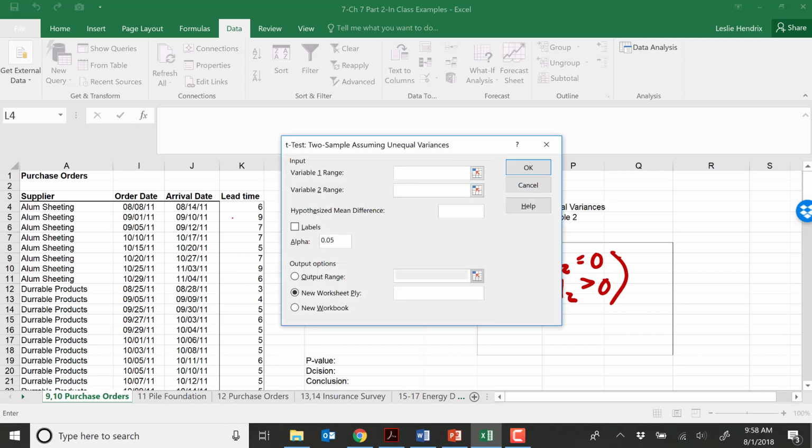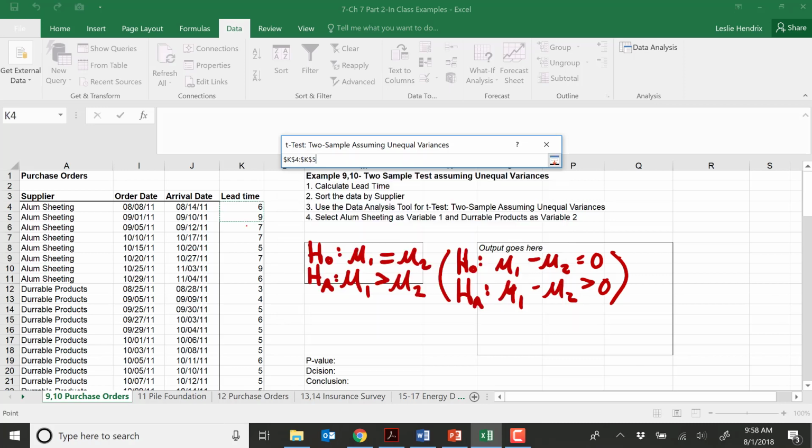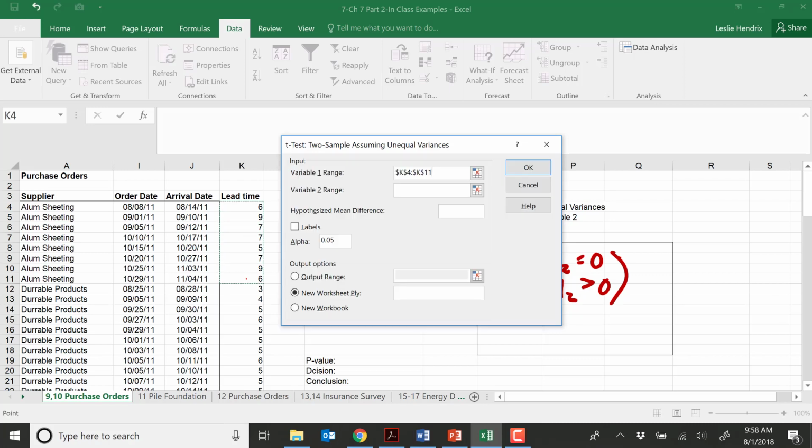All right, and our variable 1 range has to match what mu1 is. So we said that mu1 was denoting alum sheeting. So I'm going to go ahead and highlight the lead times for alum sheeting for my variable 1 range. And my variable 2 range we said was durable products.